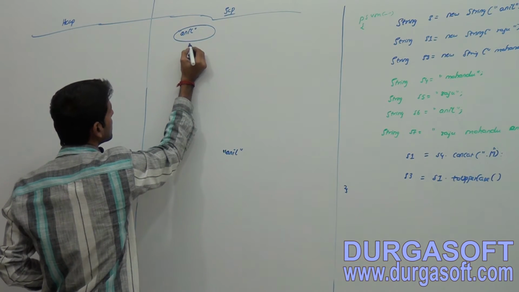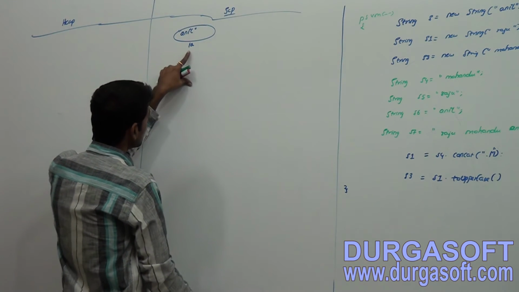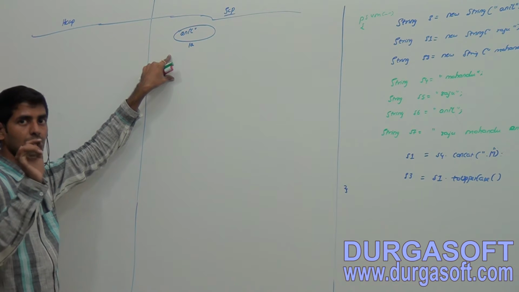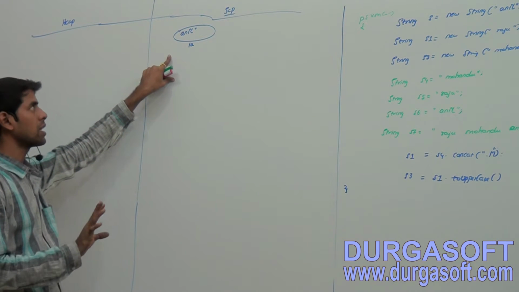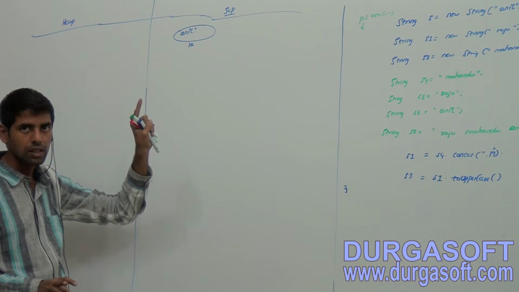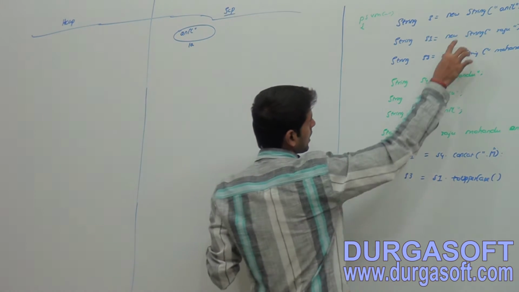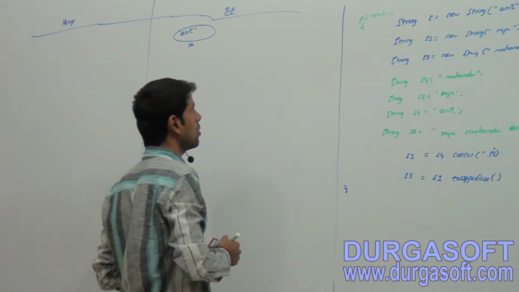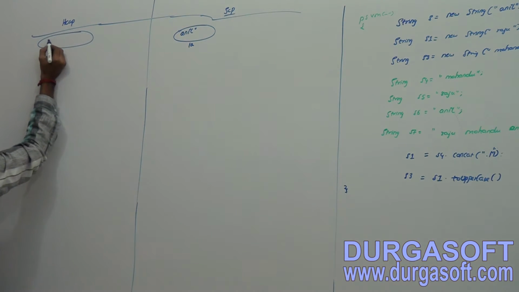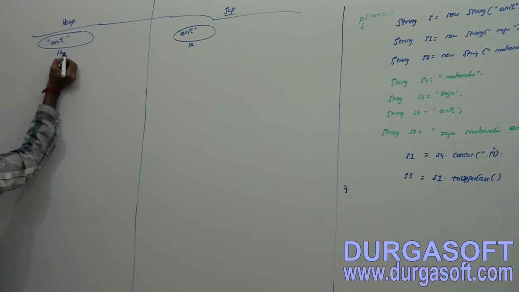Let it be Anil with reference 1A. Now is this reference value available with any reference variable? No. Now observe here, it encountered a constructor, the new keyword, so a new object will get created at heap area. Let it be Anil with reference value 1h.